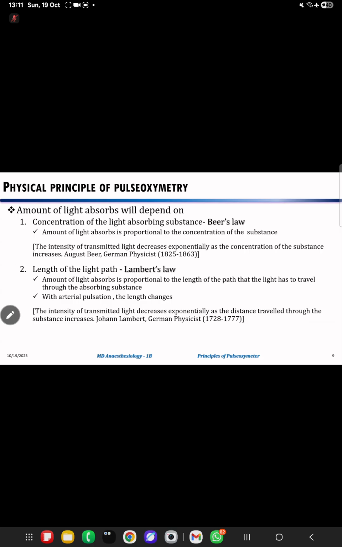That's how Lambert's law applies there. In scientific terms, Lambert's law states that the intensity of the transmitted light decreases exponentially as the distance traveled through the substance increases.